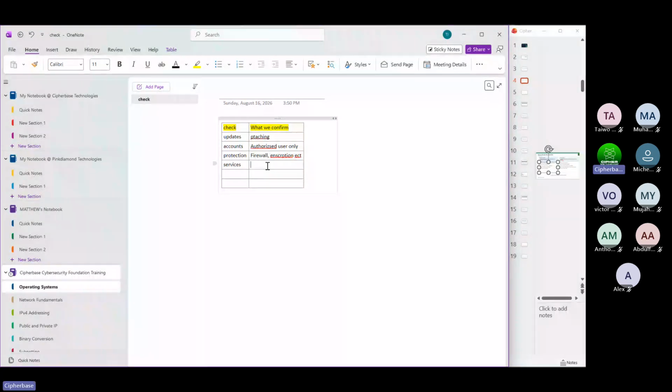Under these services, of course, we confirm unused applications, we confirm ports, we confirm services are disabled. For example, unused ports in your computer should be disabled.